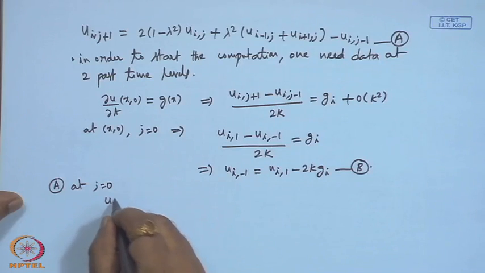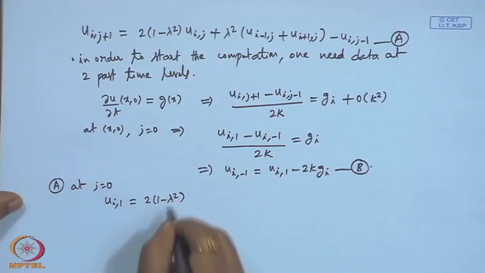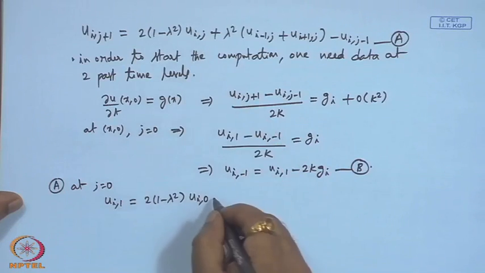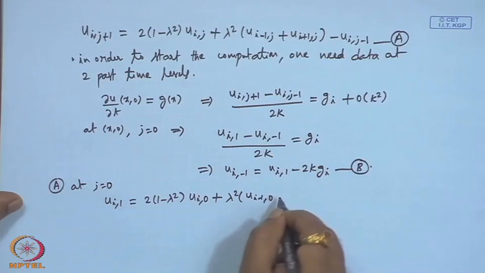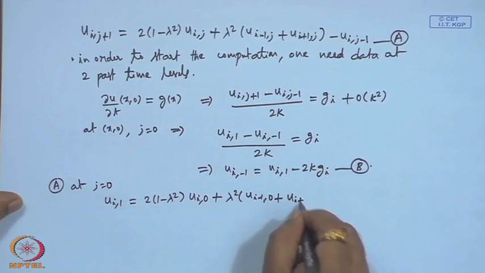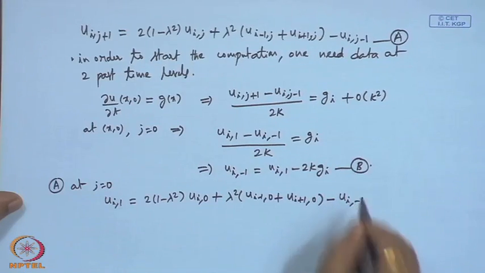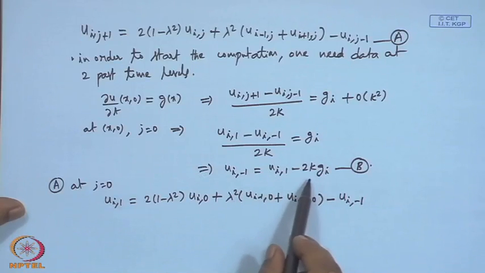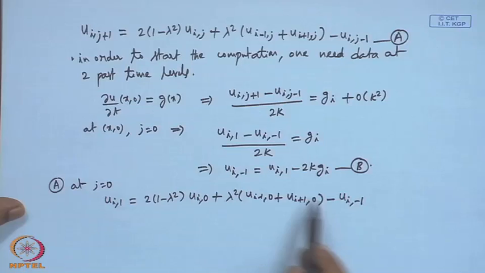So, we have u I 1, u I 0. So, then we can substitute this value.